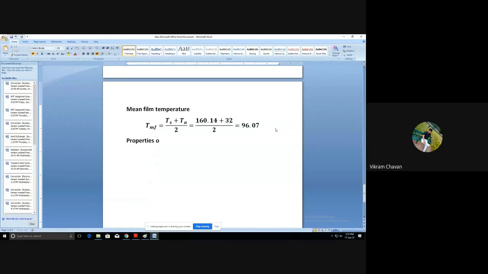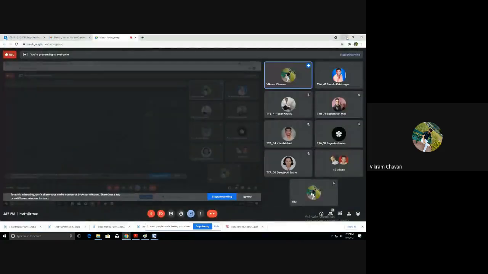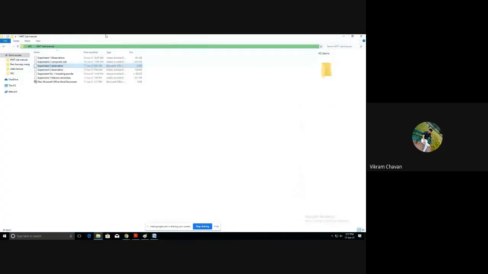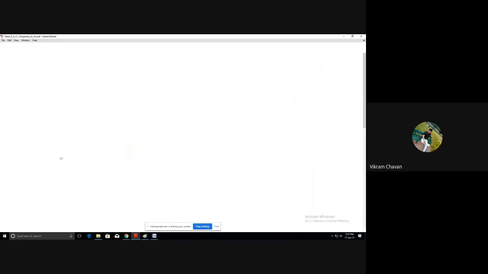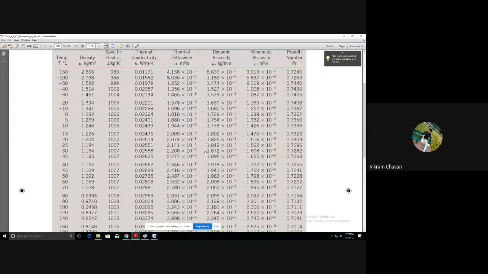Properties of air. Okay, so this is the chart.